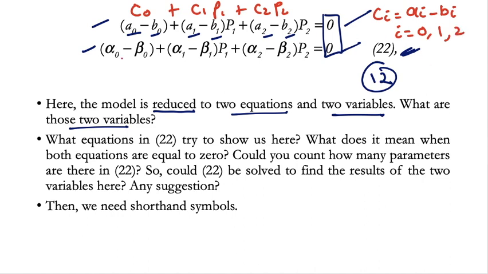What about this one? Now this one is gamma naught plus gamma 1 P1 plus gamma 2 P2 equals 0. Can you see here? It becomes simpler to write, so you don't have to write A naught minus B naught, blah, blah, blah. It's very annoying and needs a lot of space. After that, you can solve it easily, because you don't have to have a lot of mathematical notation.